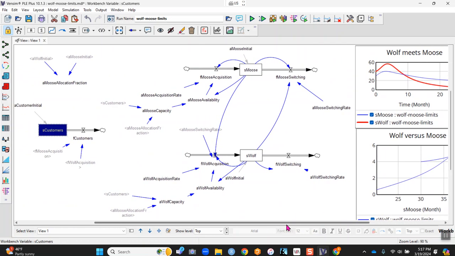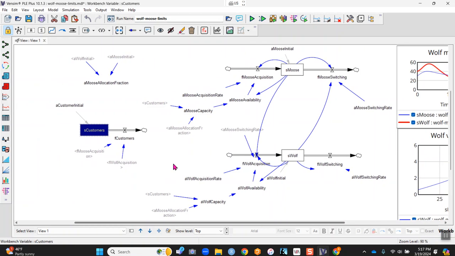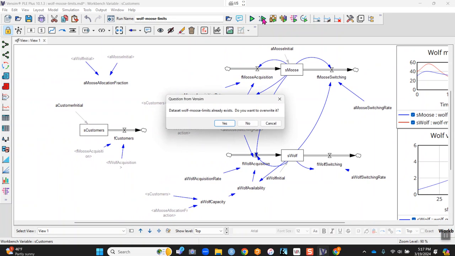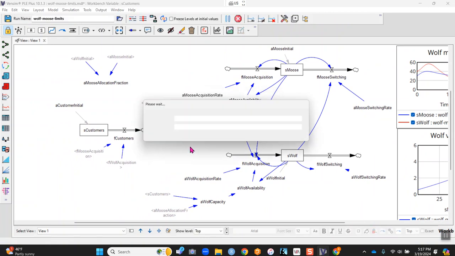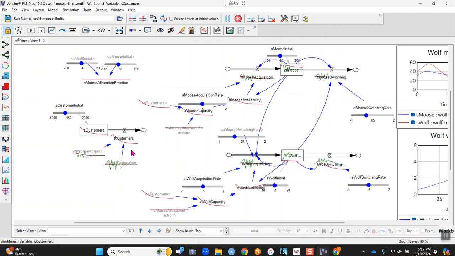To the extent that capacity matters, I want to do one more exercise here. Oh, that's beautiful.